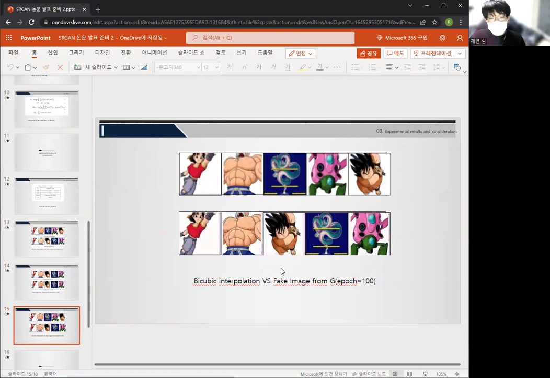Comparing and checking the images of A and D, you can see the difference in resolution and texture between the image generated simply using interpolation and the game graphic image D after 100 epochs through SRGAN.